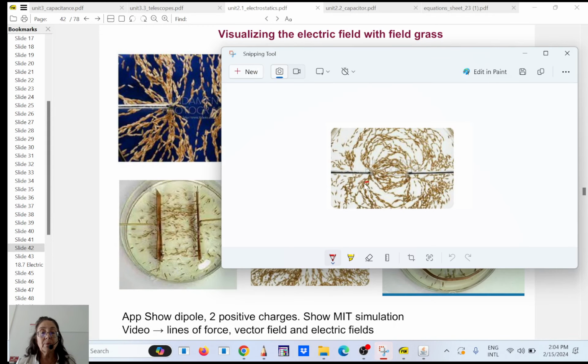What does that mean? It's just giving you the relationship between voltage and the electric field for a parallel plate capacitor. This is energy per unit charge.